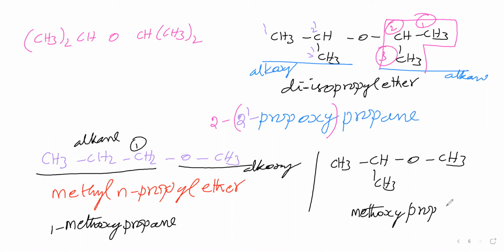Now you say whether the position of ether we must mention or not. This ether is present at which carbon of the parent chain? Is it necessary to mention? Yes. So give numbering 1, 2, 3. Therefore, the ether is present at the 2nd carbon of the parent chain, so we have to say 2-methoxypropane. Now you see these two.